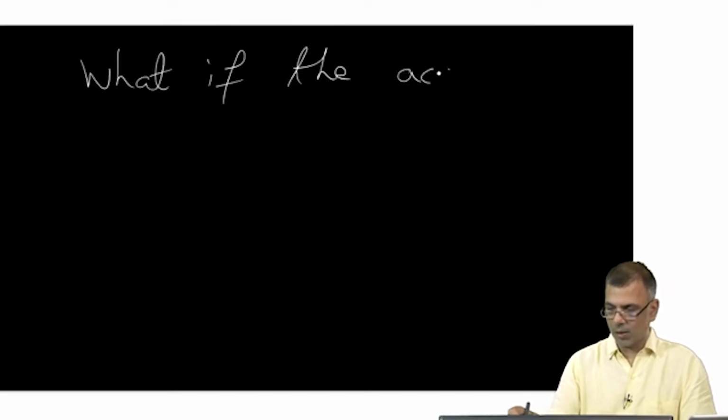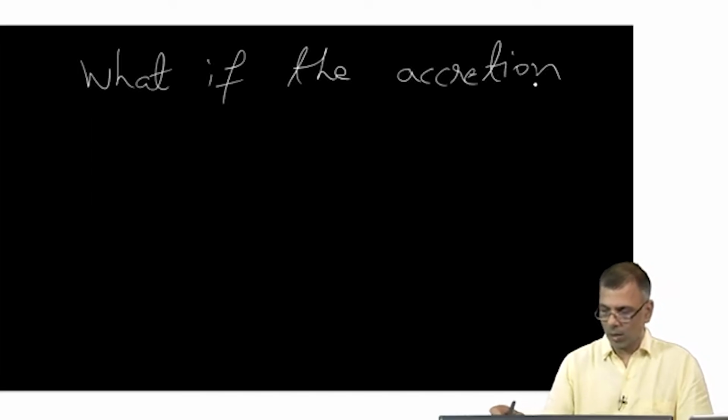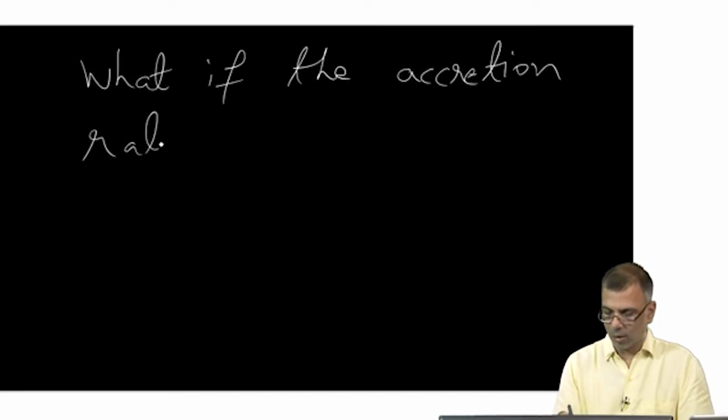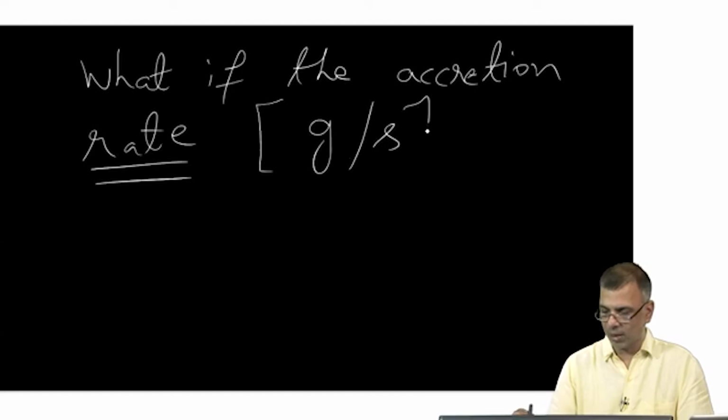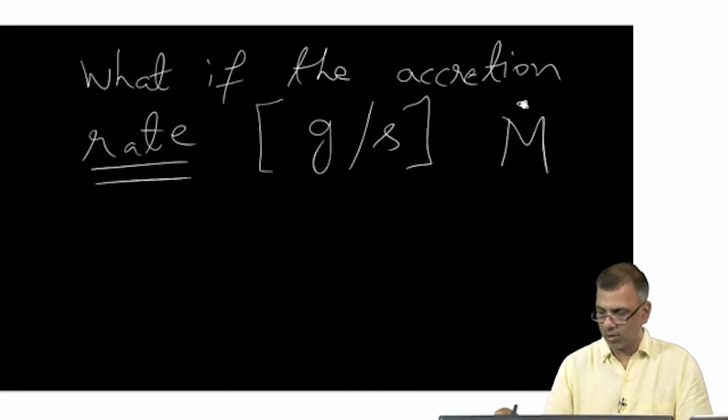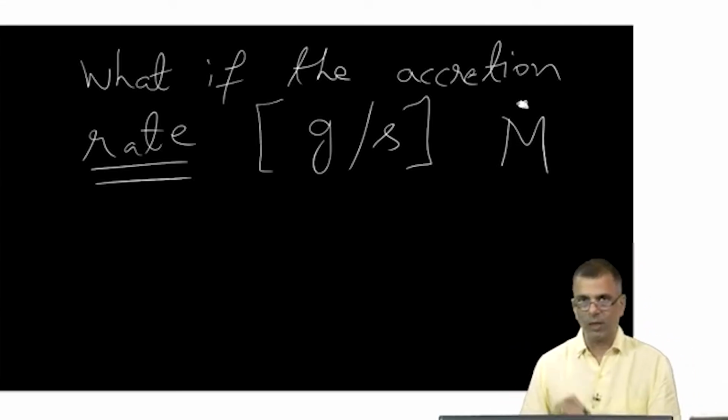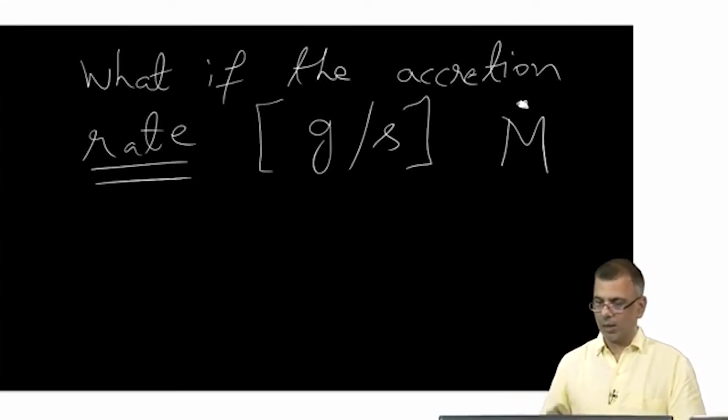the accretion rate, in other words, grams per second, m dot, and this dot denotes a time derivative. Okay.